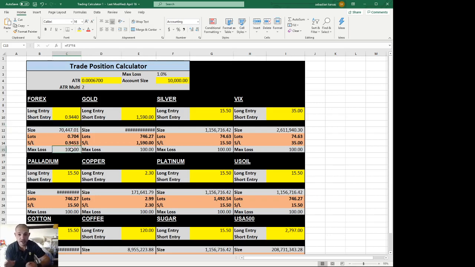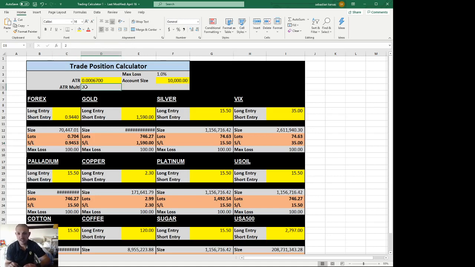There's spread as well, obviously, but max loss is $100 plus spread, so it's just a little bit over 1%, which is fine. Our maximum lot size is 0.7, and our stop loss is 0.9453.